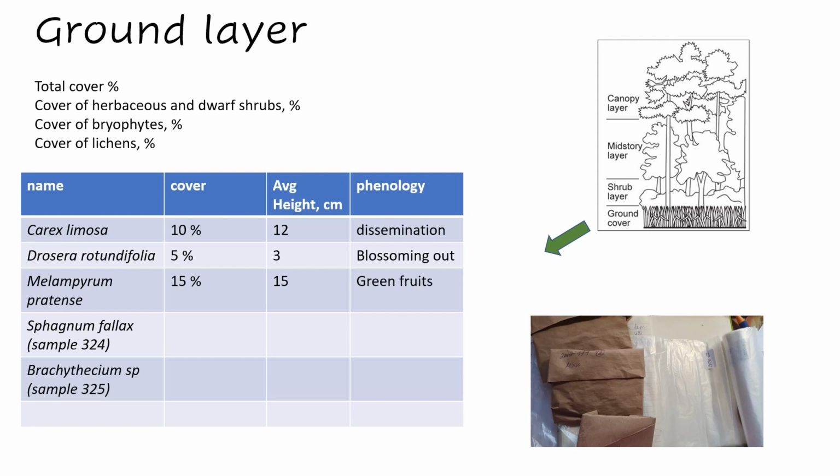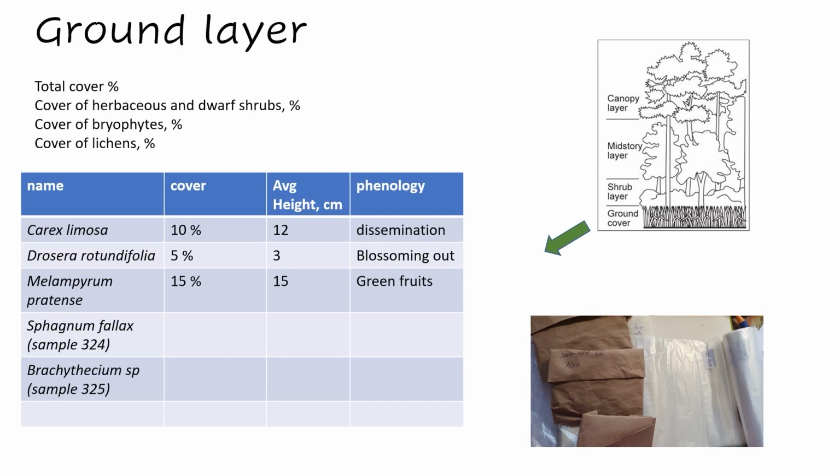For all mosses, I recommend taking samples. Even if you seem to know the name of the moss, you put the name of the moss and the number of the sample, and put this sample in a bag in the peatland. It's better to use plastic bags, and then at home you can change them to paper bags.